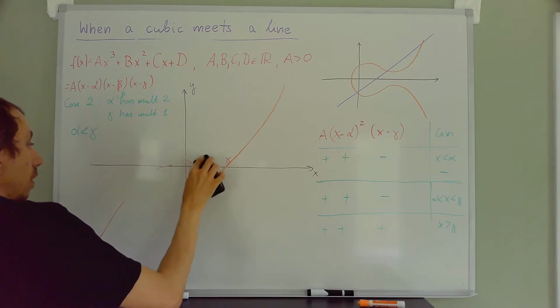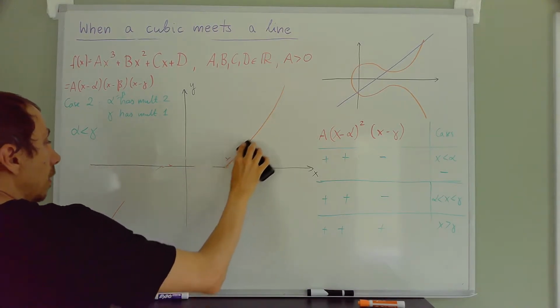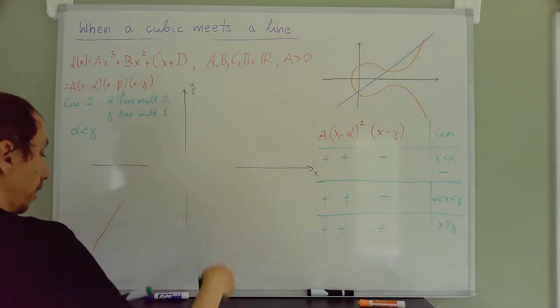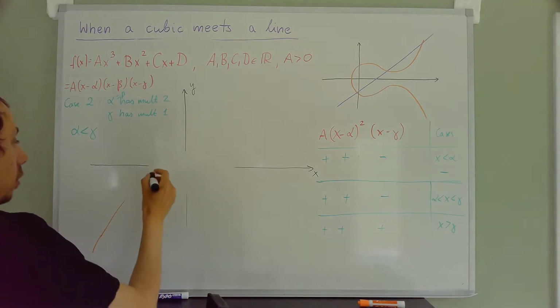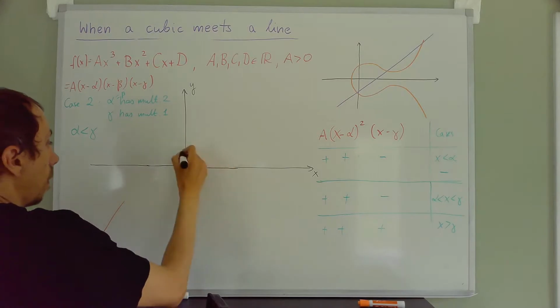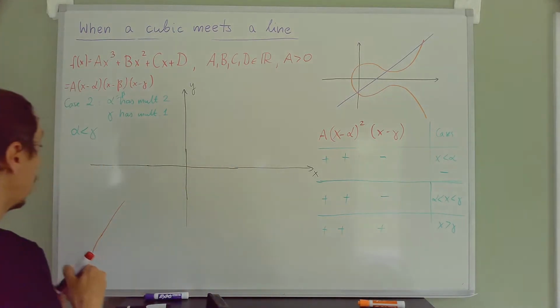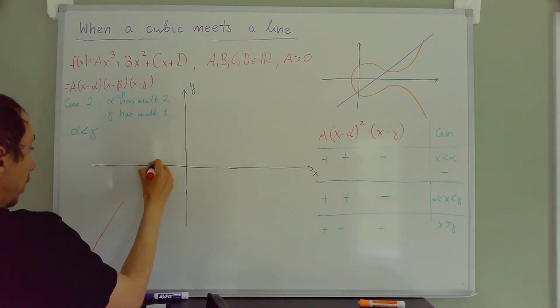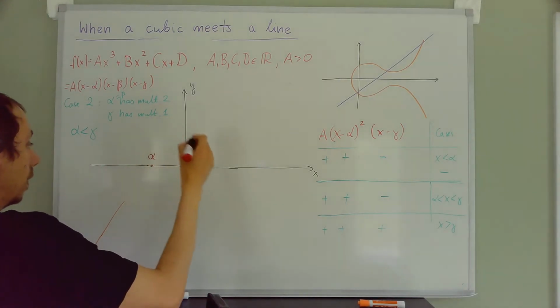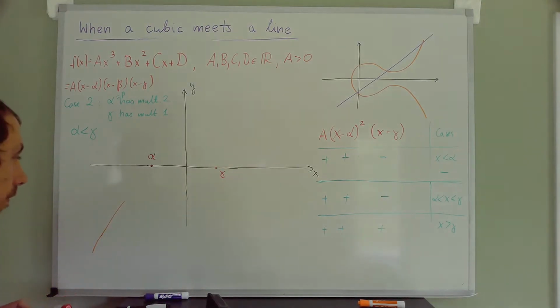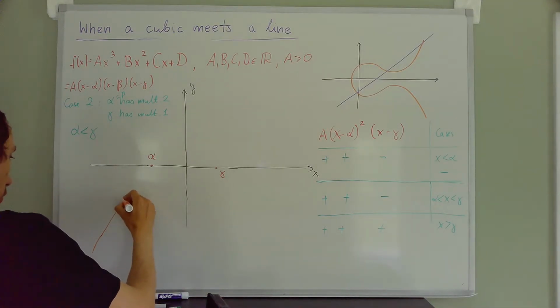So let's correct that graph. So first of all, I have only two real roots now. There's alpha, and there's gamma. Alpha is a root, so that means the graph has to go up to the root.